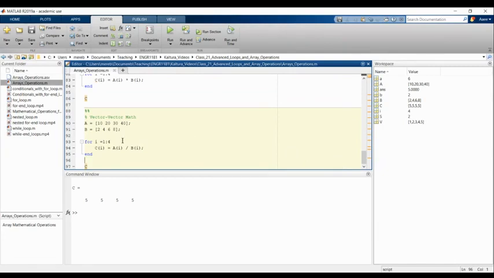So that's another way. I think it's good to understand both of them. Keep in mind that the dot is important to remember when you need to use the dot. If you have vector with vector, you have to use it with division, multiplication, and exponents. Okay, thank you.